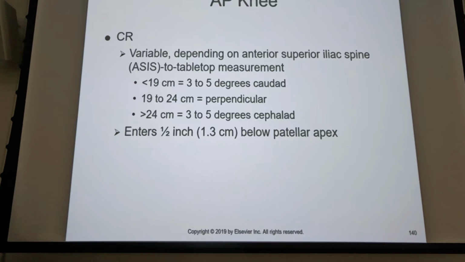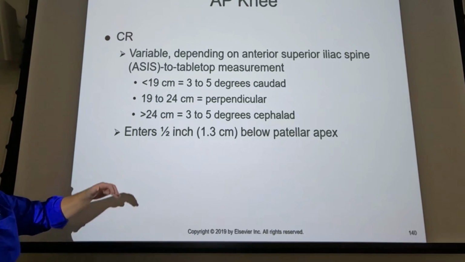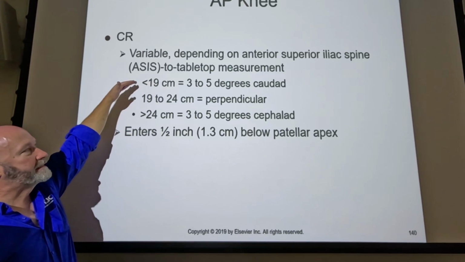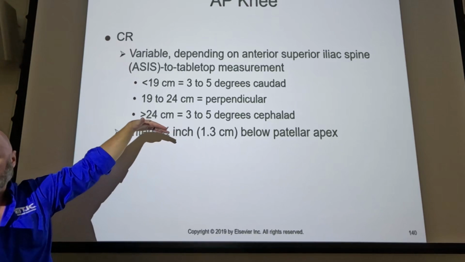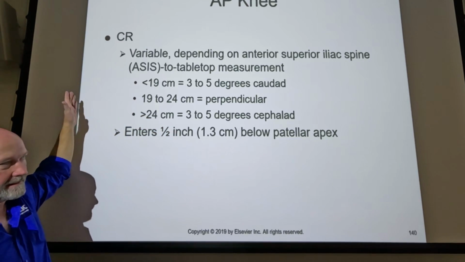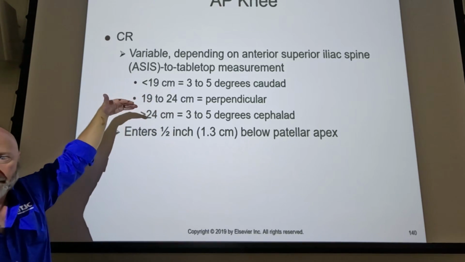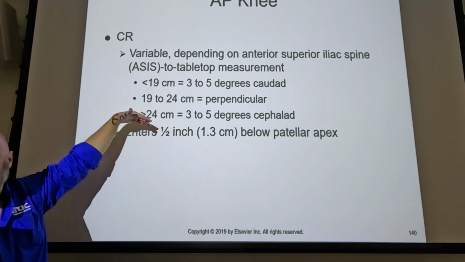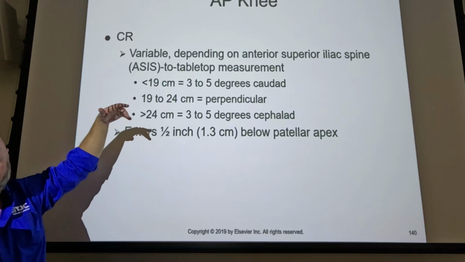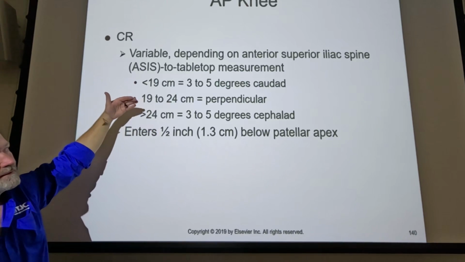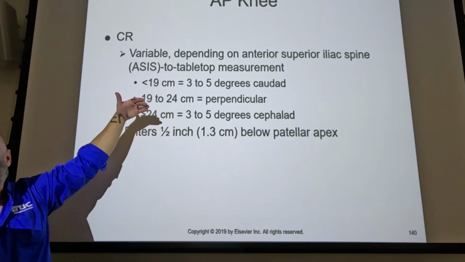And a couple of other things to consider as well. This is the distance between the ASIS and the tabletop. Does that say anything about hypersthenic, asthenic, or anything like that? No. Because we've all seen, he's never going to watch this, so I can say this, my brother-in-law is hypersthenic.